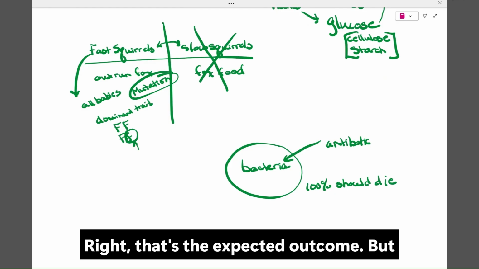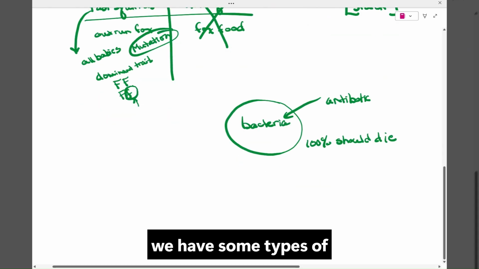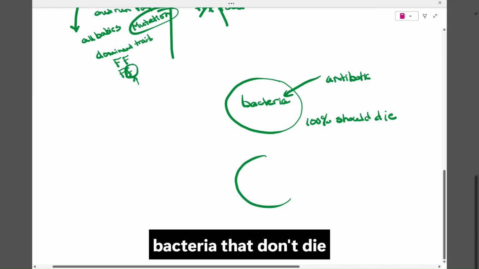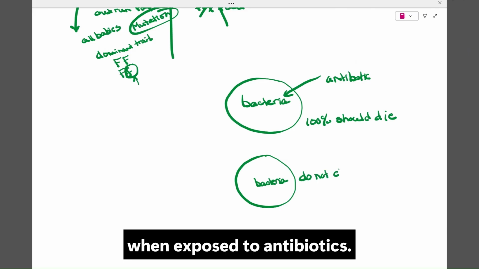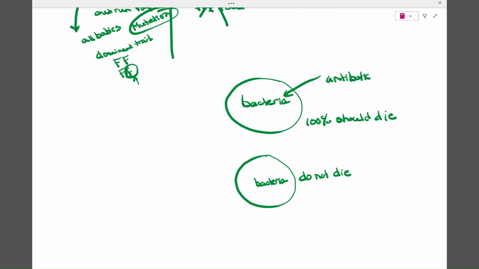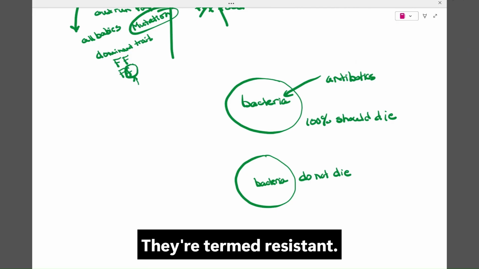That's the expected outcome. But we have some types of bacteria that don't die when exposed to antibiotics. And they are termed resistant.